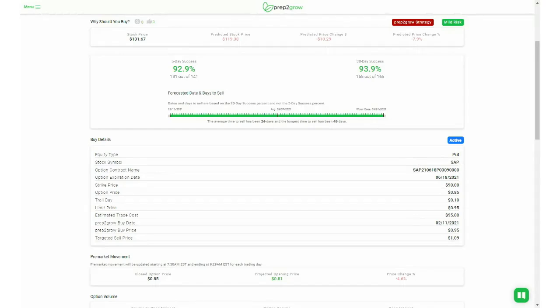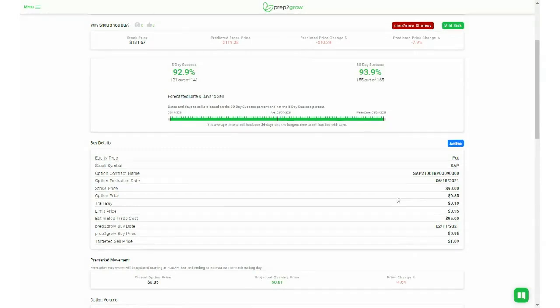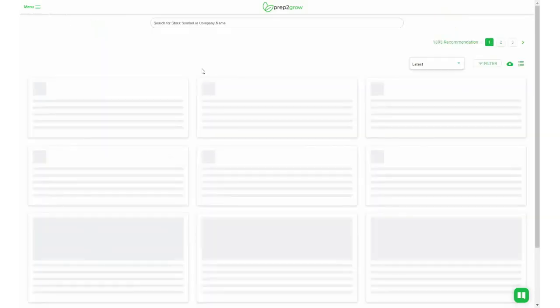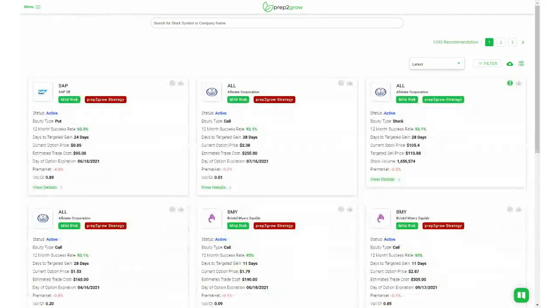Symbol, contract name, it'll populate the preferred method you have, the limit or trail buy, and essentially it'll place almost the entire full order. You still have to execute it, meaning submit it for a trade, but it gets it all the way down to that step. So save some time and some effort. So hopefully that answers your question.